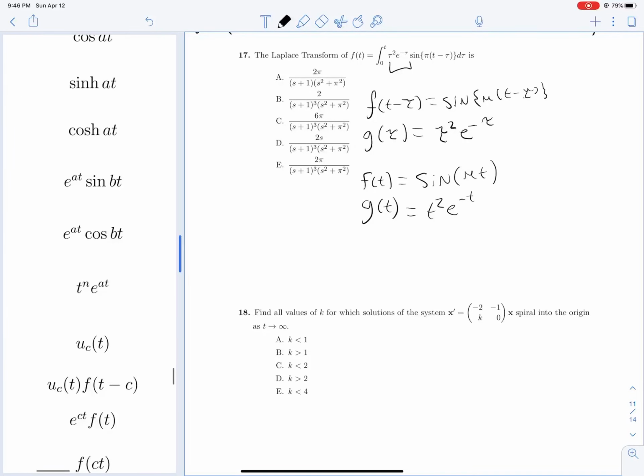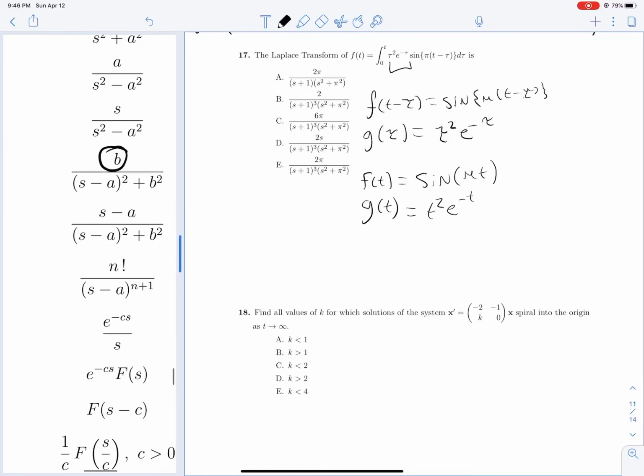So the Laplace transform of t to the n e to the at is n factorial over s minus a to the n plus 1. We're solving the Laplace transform of g of t right now. That's n factorial, so 2 factorial, 2 divided by s minus a, so s plus 1, but I'm using alpha, so alpha plus 1, to the n plus 1, so cubed.